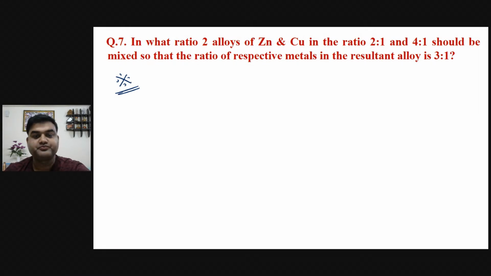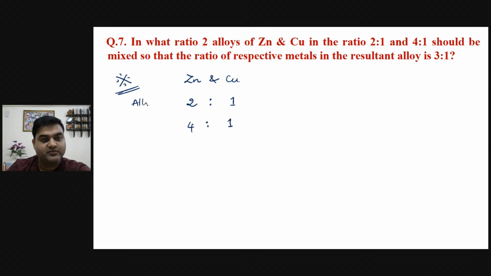Okay, good. In what ratio should two alloys of zinc and copper, in the ratio 2:1 and 4:2, be mixed? This is alloy 1 and this is alloy 2.